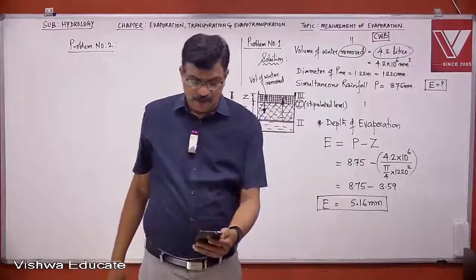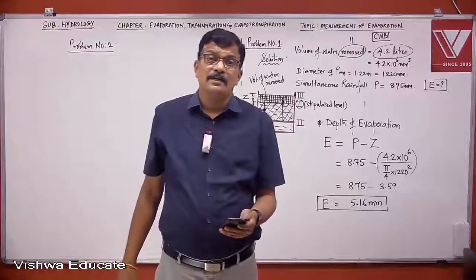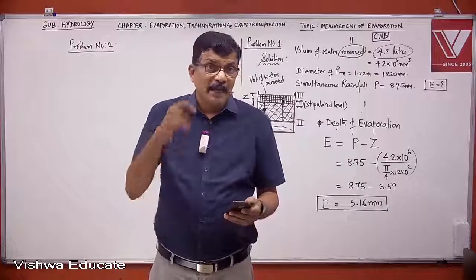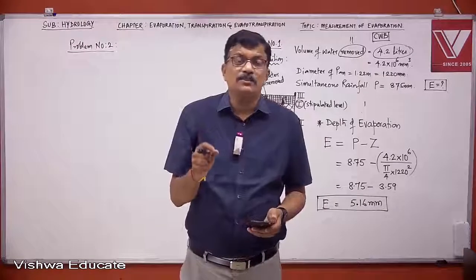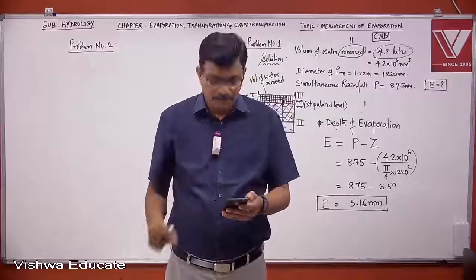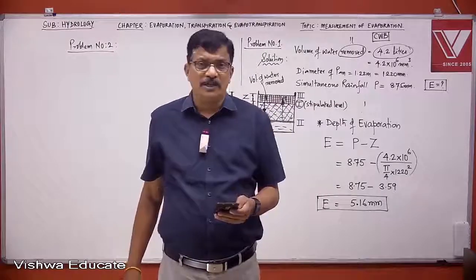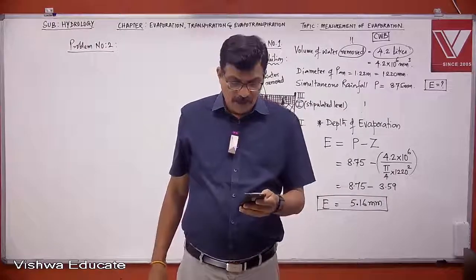8.75 liters of water is added to the evaporation pan of 1.22 meters diameter to bring the water to the stipulated level.